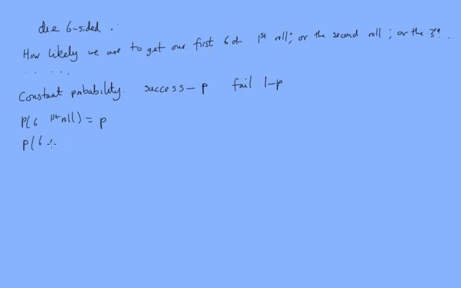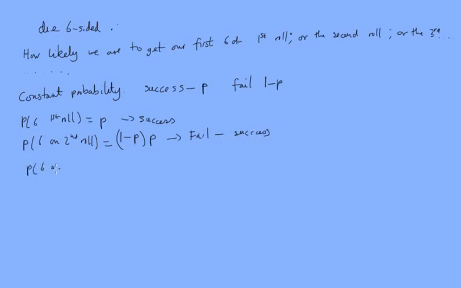The probability of a 6 on the second roll is the probability that the first roll was a fail, multiplied by a success, so fail, then success.